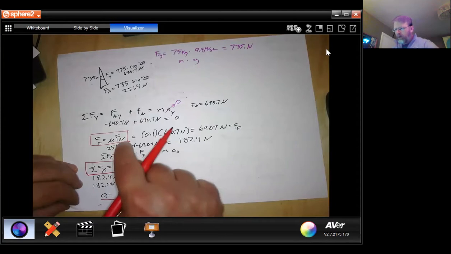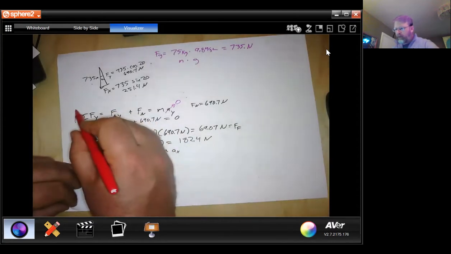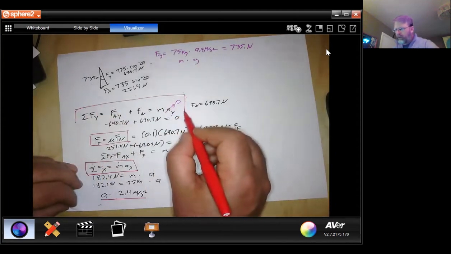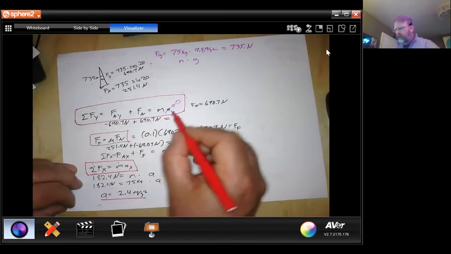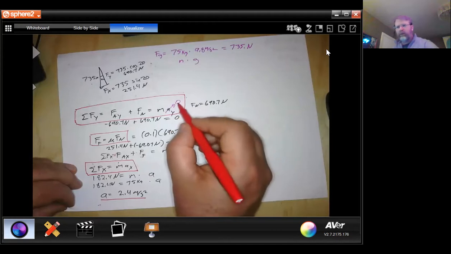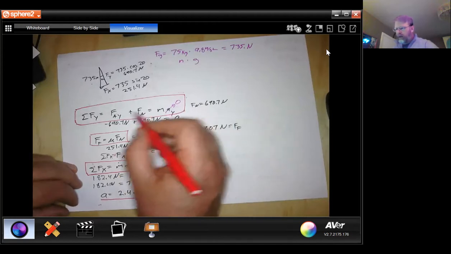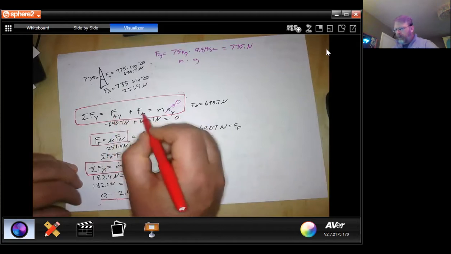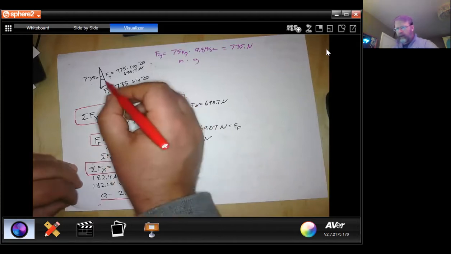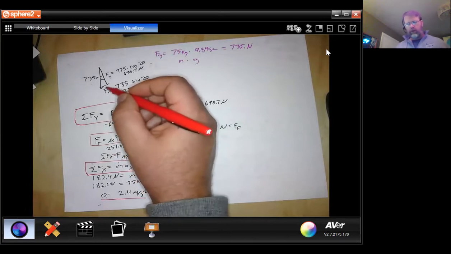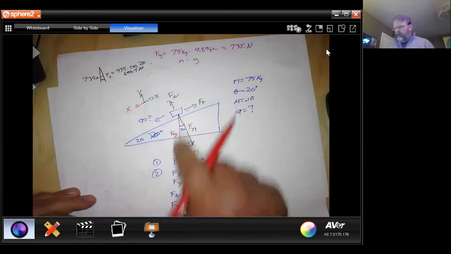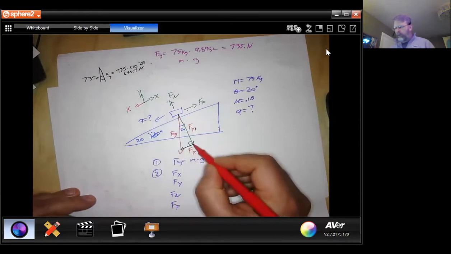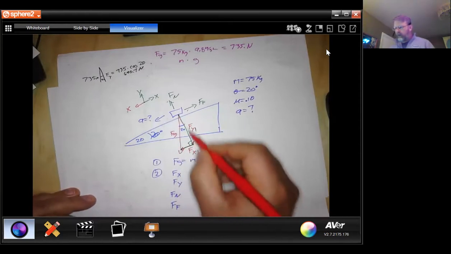Force normal means we had to add up our forces in the y and set that equal to mass times acceleration in the y, which happens to be 0. And in order to find our forces in the y, we had to break apart this drawing.